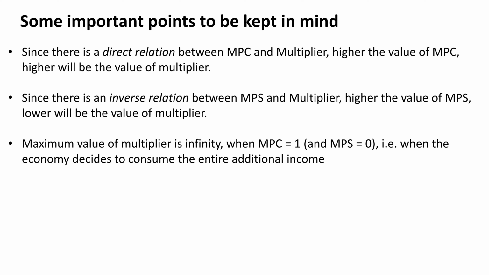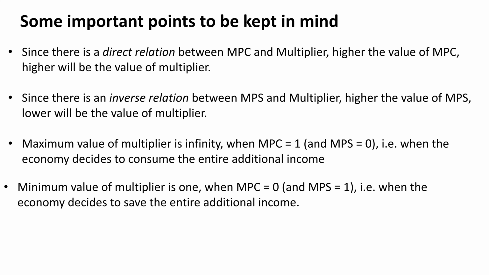The maximum value that multiplier can take is infinity, and that happens when MPC is 1. That is, when all the households in the economy decide to consume their entire additional income and therefore nothing is saved, and MPS is 0.